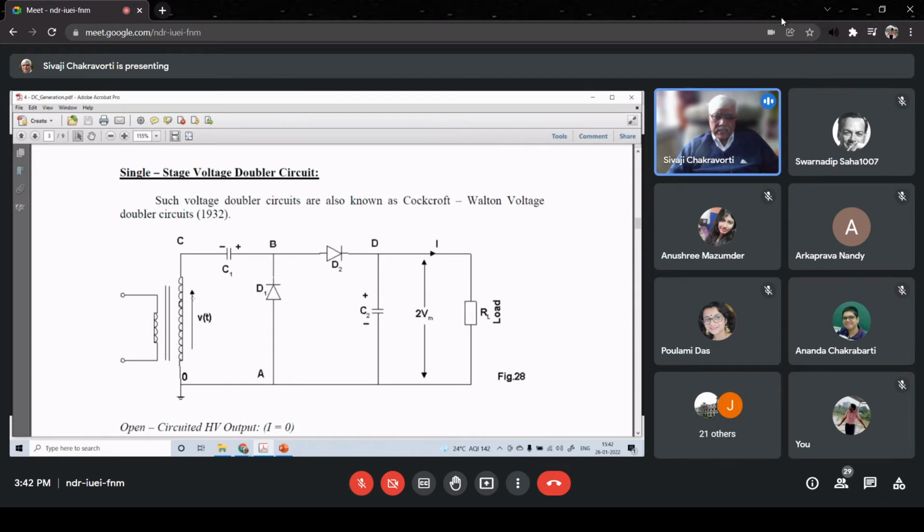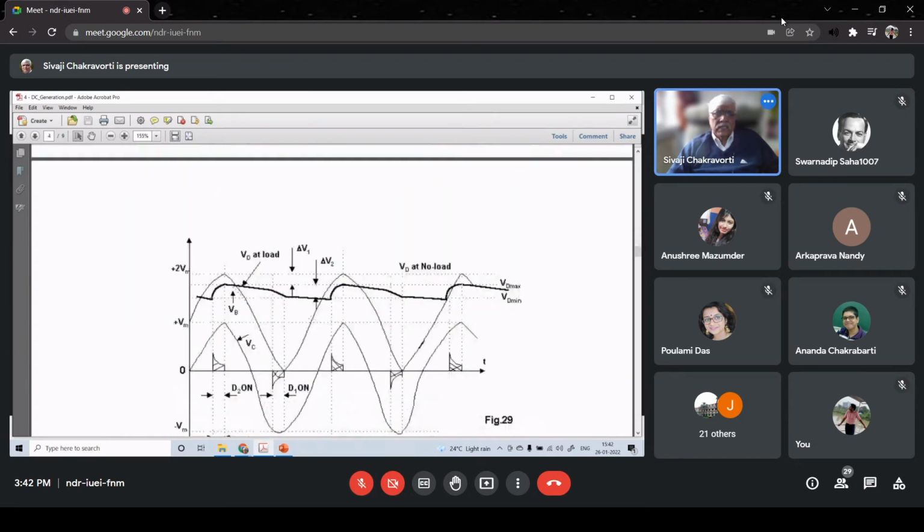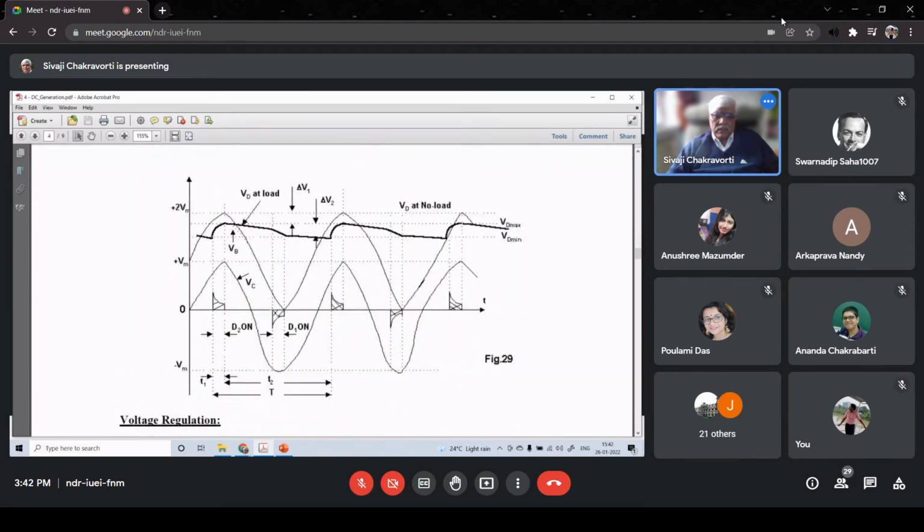Therefore, just before theta equal to 90 degree, the voltage across the secondary becomes equal to the voltage of C1 and then becomes higher. So for a short duration of time, from theta equal to, let's say, 85 degree to 90 degree, D1 conducts. Even then, D2 is reverse biased. So there will be a small current when D1 is on before theta equal to 90 degree in the negative half cycle.